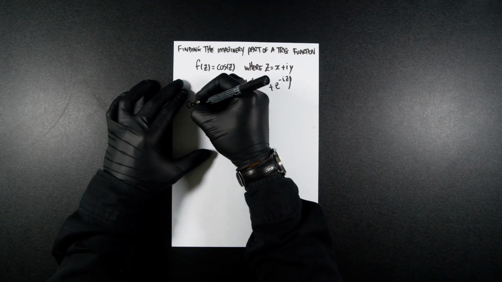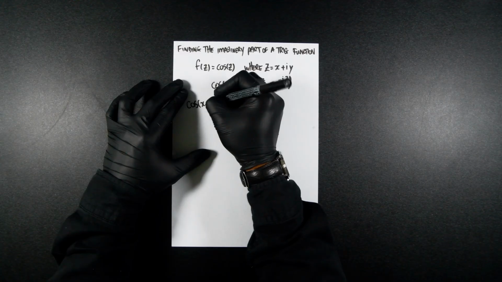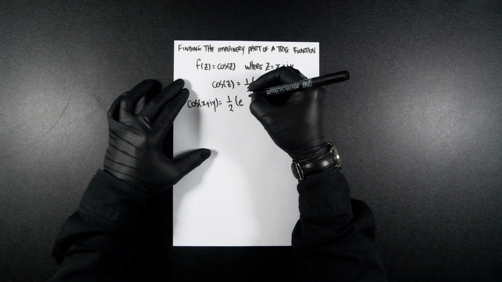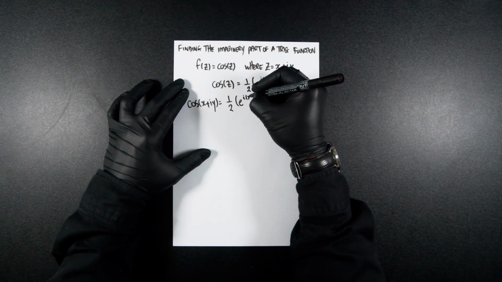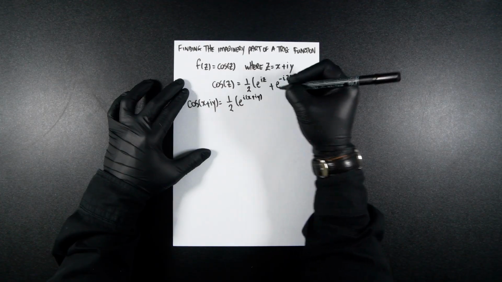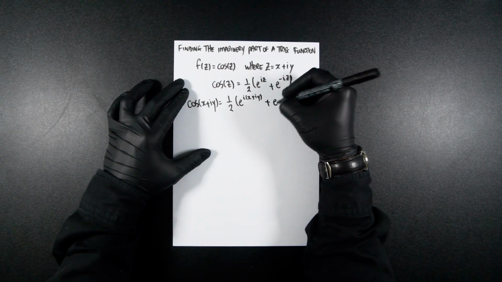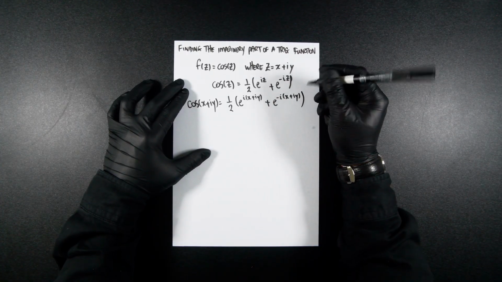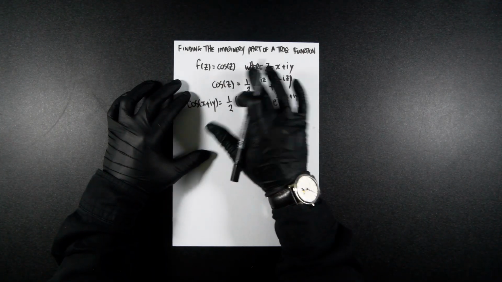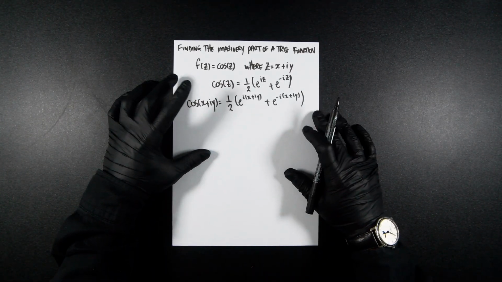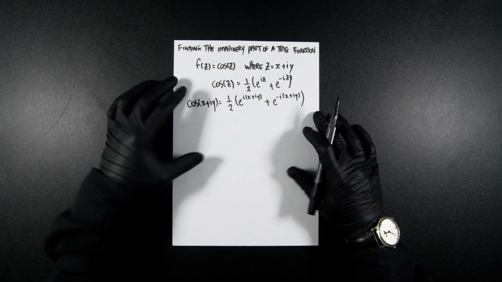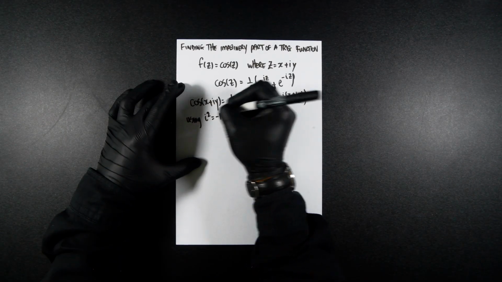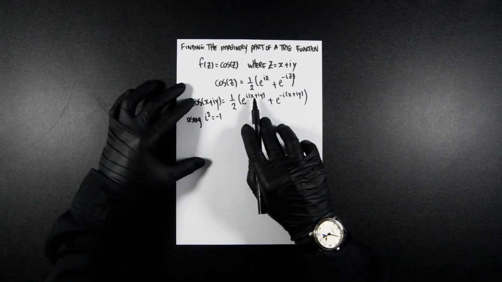So now cos of x plus iy would be half e to the i(x plus iy) plus e to the minus i(x plus iy). All we've done is substitute this in and rearrange. Now using the identity i squared equals minus 1, we can simplify this out.